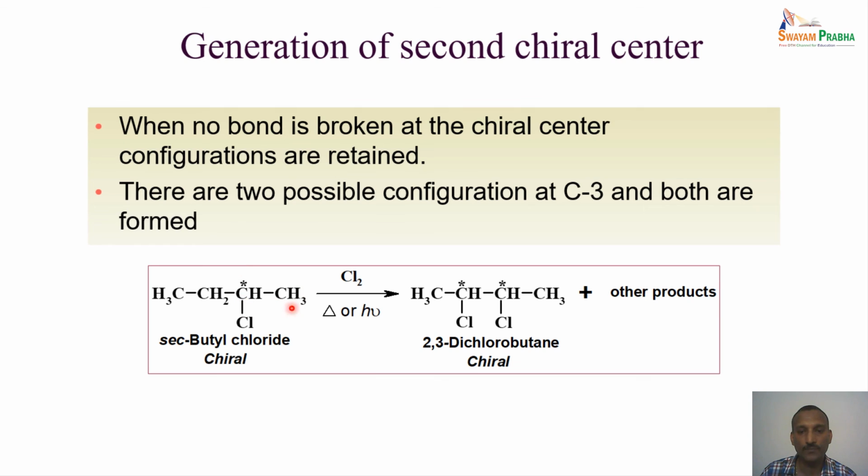But there are two possible configurations at the C3 here when it undergoes reactions other than at the chiral center. So in this particular case, the reaction occurs other than at the chiral center. This is the chiral center, there is no reaction here, but this is the carbon where the reaction occurs, that is, generation of a new chiral center happens in this case.